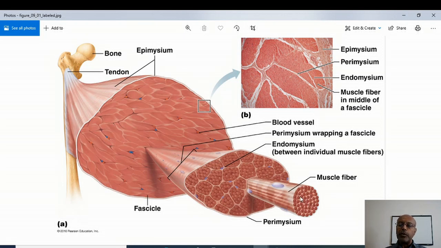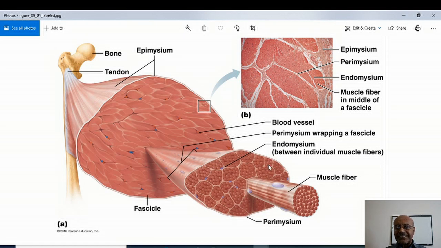If we go in a reverse direction, this is one skeletal muscle cell or a muscle fiber, and here are several skeletal muscle cells. This single skeletal muscle cell has, like any cell, a plasma membrane known as sarcolemma, on top of which it is covered with connective tissue known as endomysium.